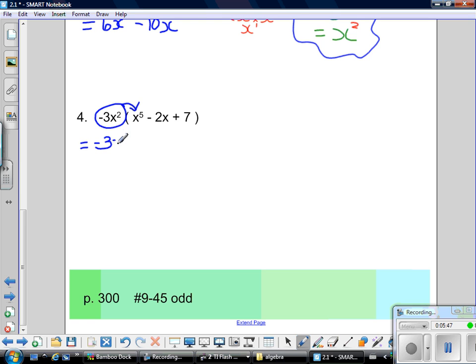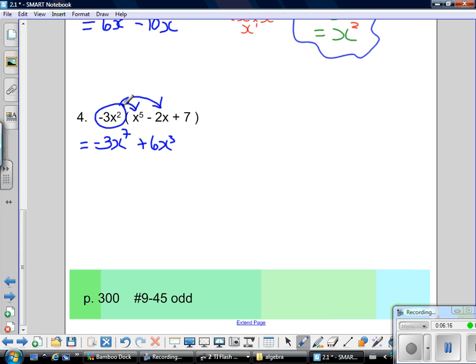Both bases are the same, so I add those exponents. So 2 plus 5 is 7. I then have negative 3x squared times a negative 2x. Negative 3 times a negative 2 is a positive 6. X squared times an x, which would be to the power of 1, which would be an x cubed.